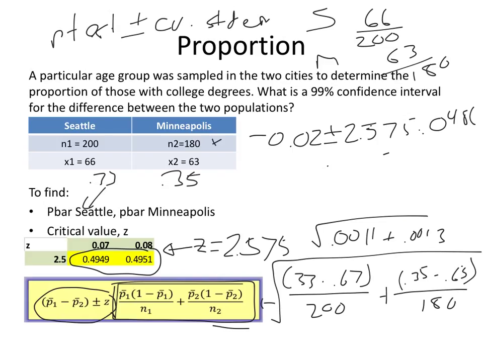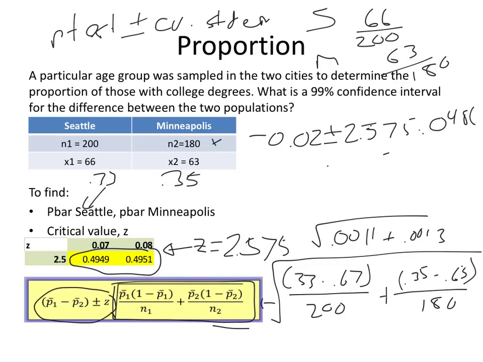Okay, so again, when we think about a confidence interval estimate, we've taken the difference between the two, which is negative 0.02, right? So we've got a 2% difference between the two proportions that we sampled, but because it's a sample, we know there's going to be sampling error.